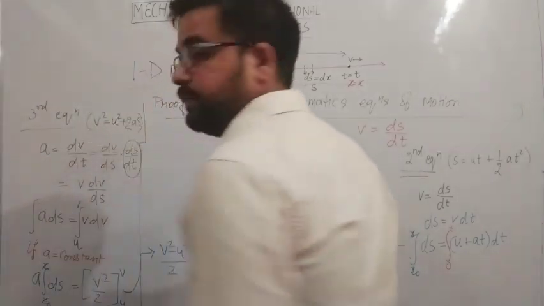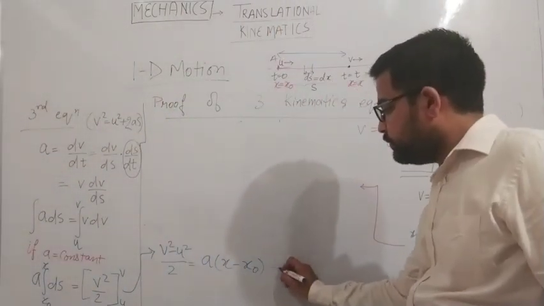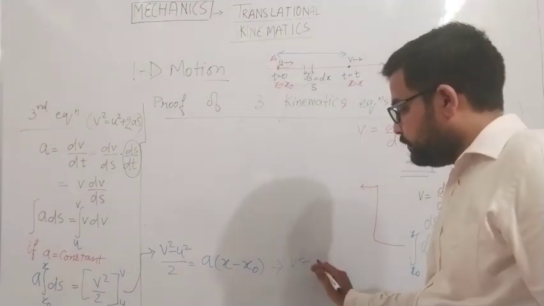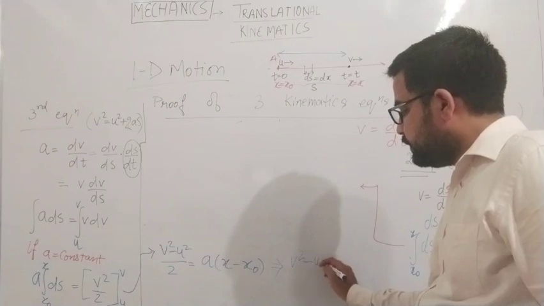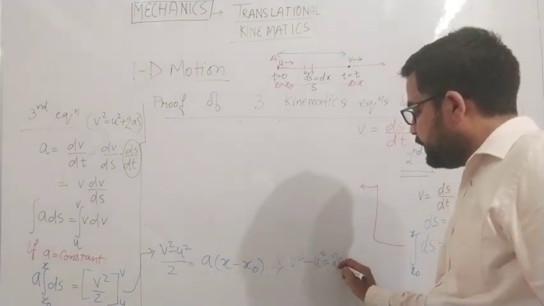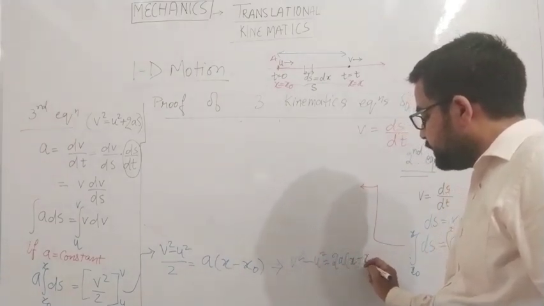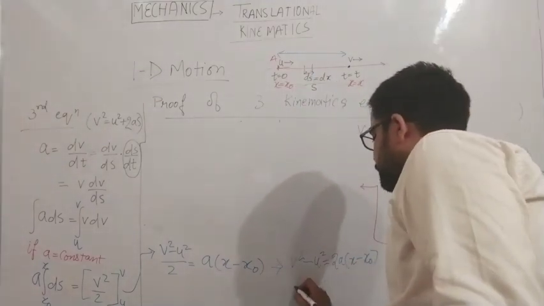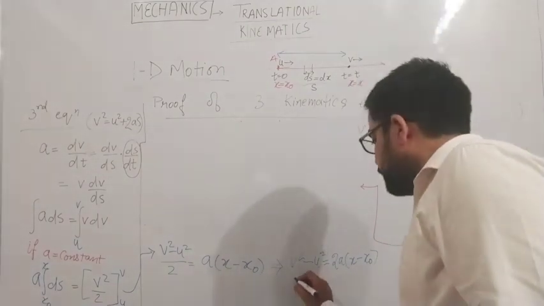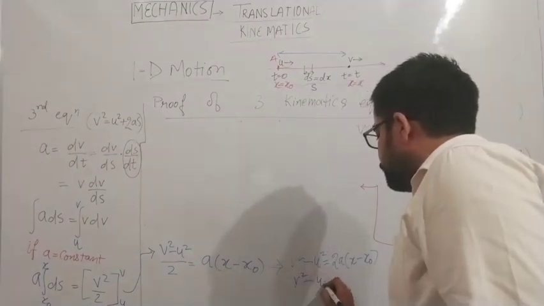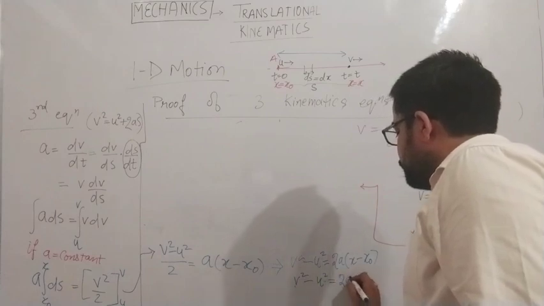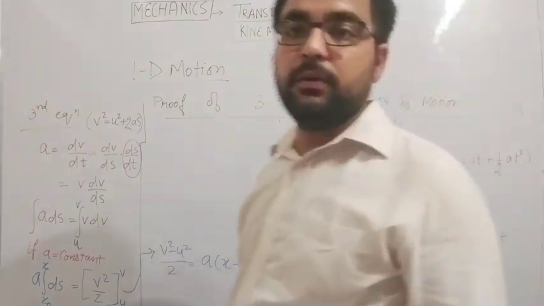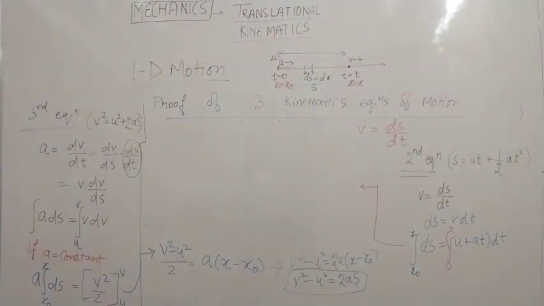And that will be v square minus u square is equal to 2a into x minus x naught. Now x minus x naught is nothing but the displacement s. So you can write v square minus u square is equal to 2as.